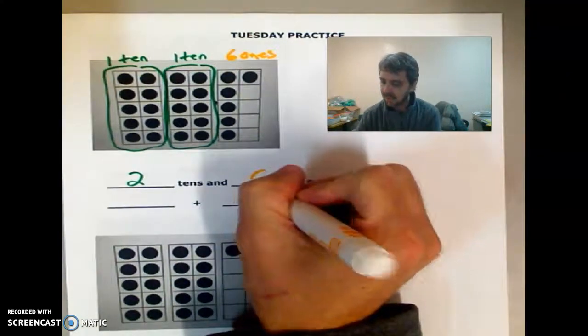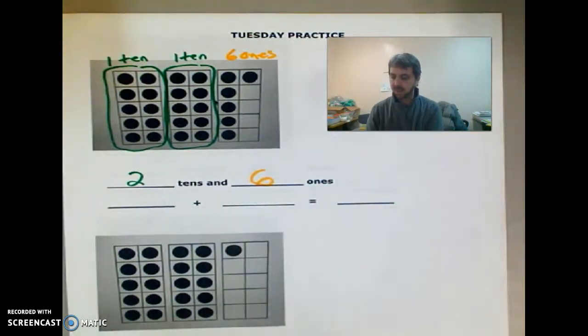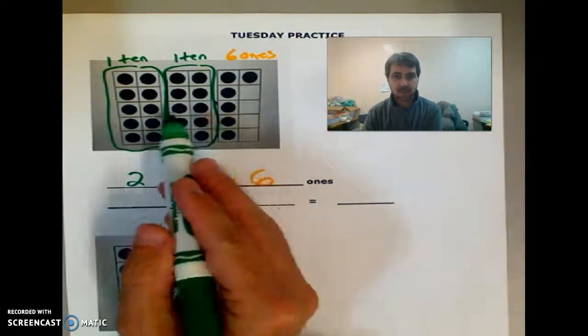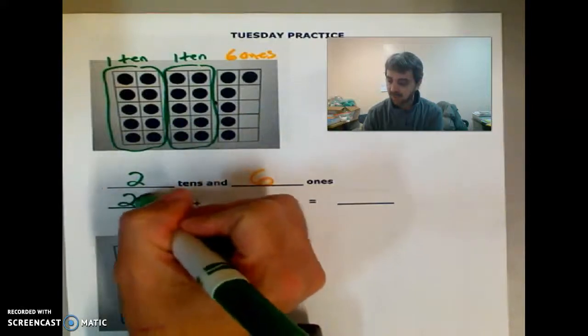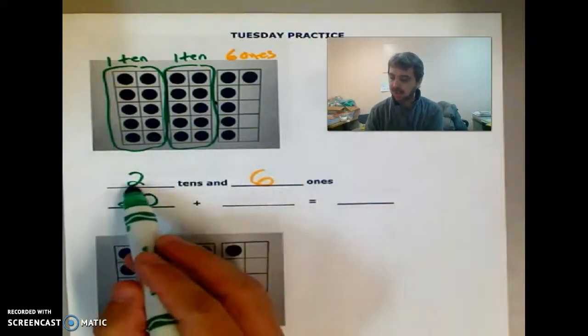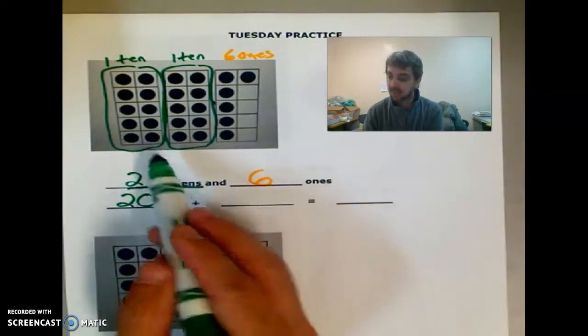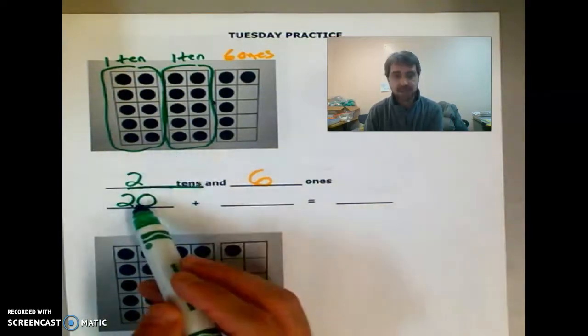So we're going to say that's 6 ones. What we have with 2 tens is 20. In 2 tens, let's say 2 bags of Skittles would give you 20 Skittles.